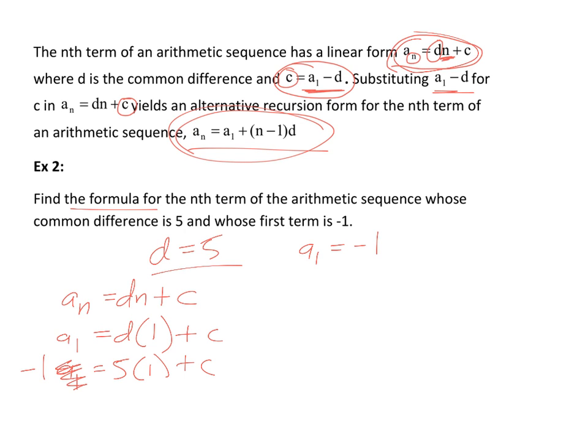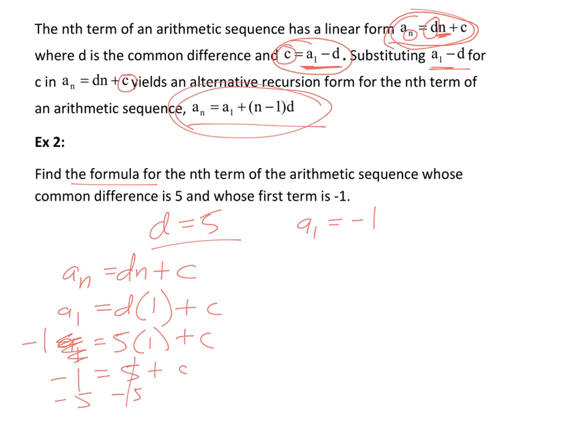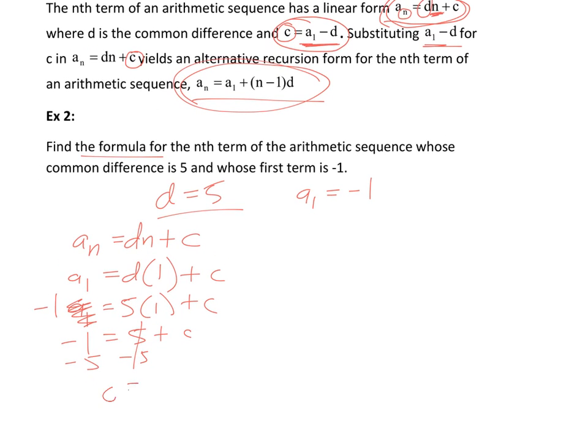So negative 1 equals 5 plus c. Subtract 5, and c is equal to negative 6. So my formula is a sub n equals 5n minus 6.